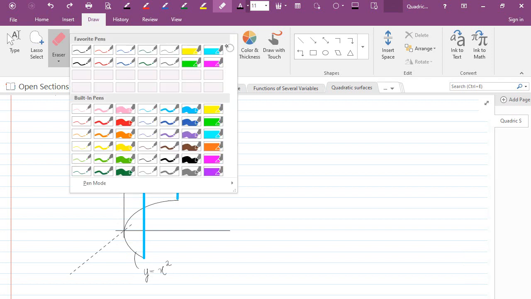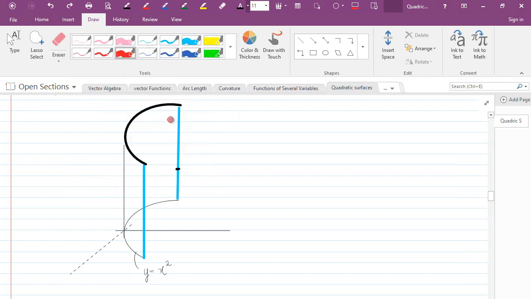For example, if I pick any point on this curved surface, so the curved surface goes like this, and project it onto the xy plane, I should be getting a point on the parabola.